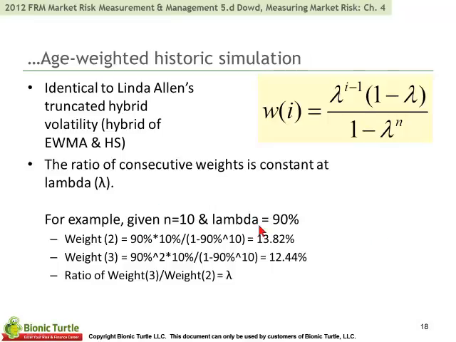If n equals 10 and lambda equals 90%, the weight in the second period would be 90% times 10%, that's 90% times 10% divided by 1 minus 90% raised to the 10, equals 13.82%. And the ratio of these weights is in constant proportion lambda.